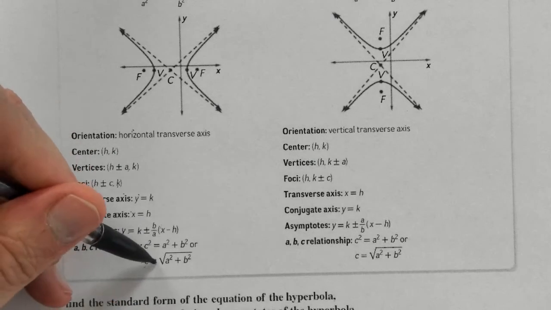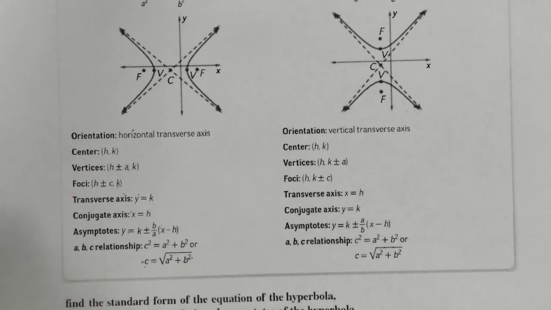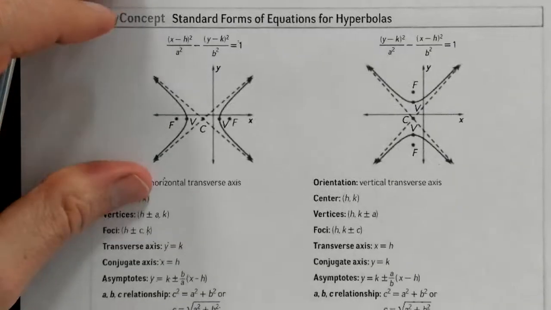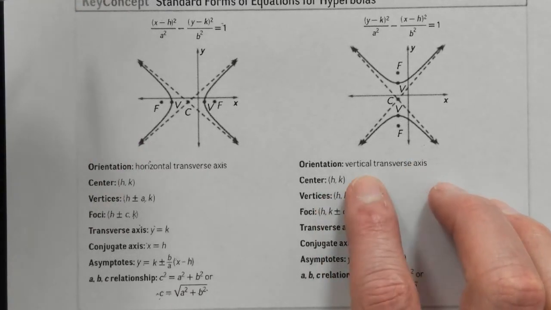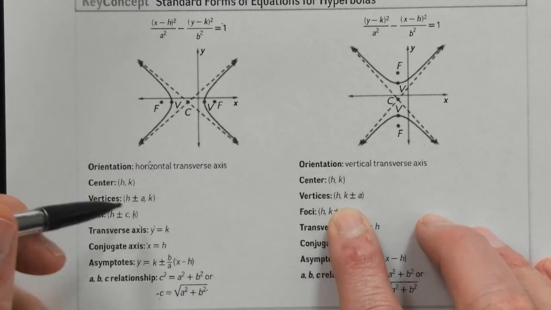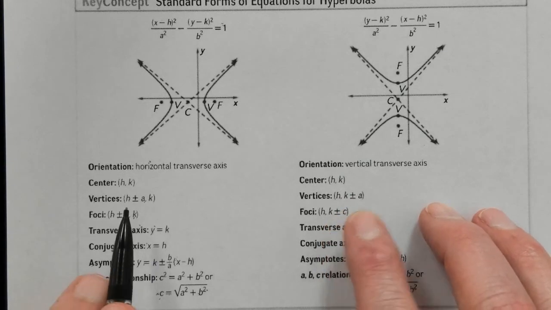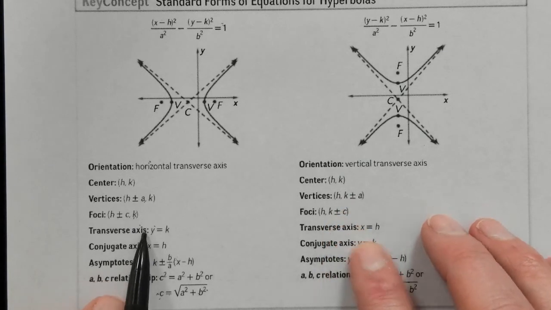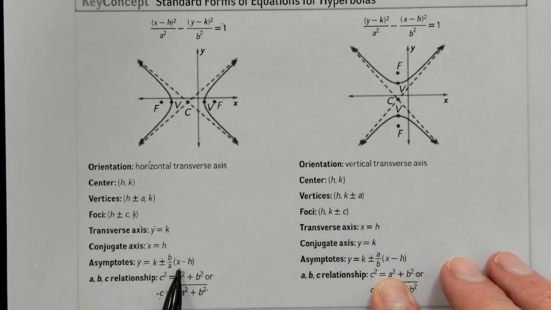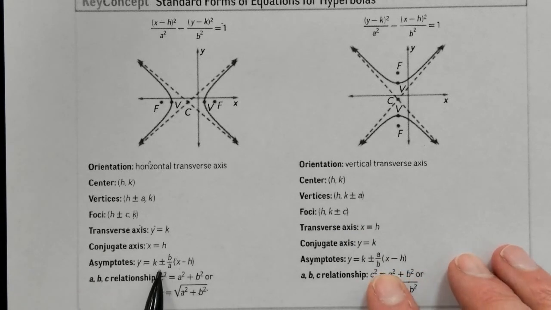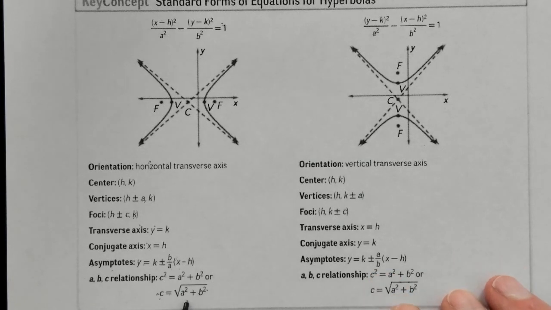But again, C is equal to the square root of A squared plus B squared. And then for when the orientation is vertical, it just flips to adjusting the K coordinate, right? It's the same idea, but it's the other coordinate that's adjusted. And the asymptote, the fraction flips, and this, of course, is the same.